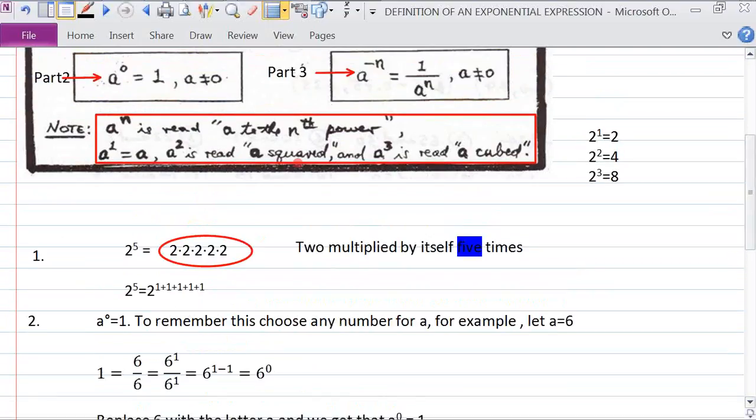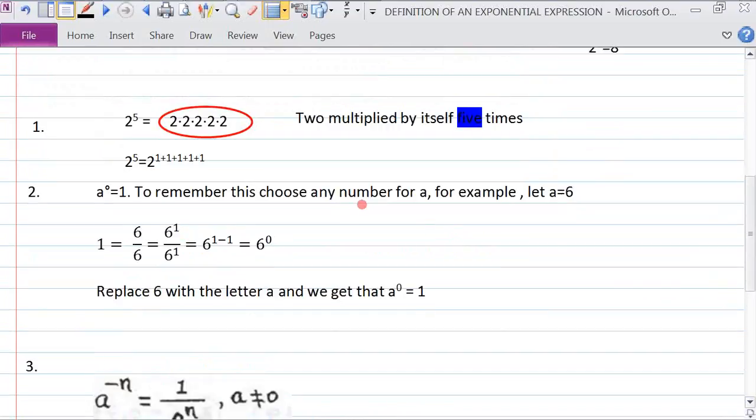The second part, part 2, was to show that any symbol, as long as a does not equal 0, raised to the 0 power is 1. Any number or symbol raised to the 0 power equals 1. Now to remember this, let's just choose a number for a.